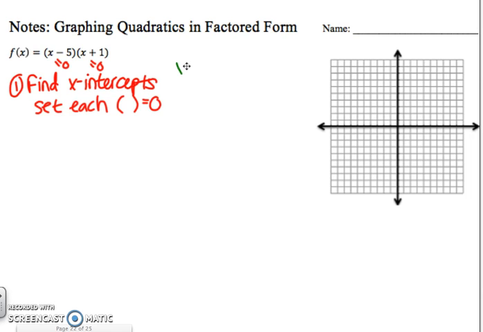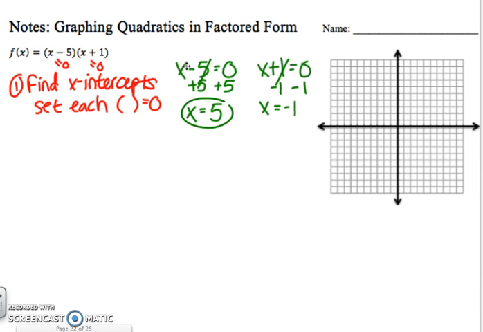So over here, I would have x minus 5 equals 0, and I would also have x plus 1 equals 0. And then I would just solve a one-step problem to get x by itself by adding 5 to both sides. So one of my x-intercepts is a 5. And over here, the other x-intercept is a negative 1. Okay, so these are your two roots.